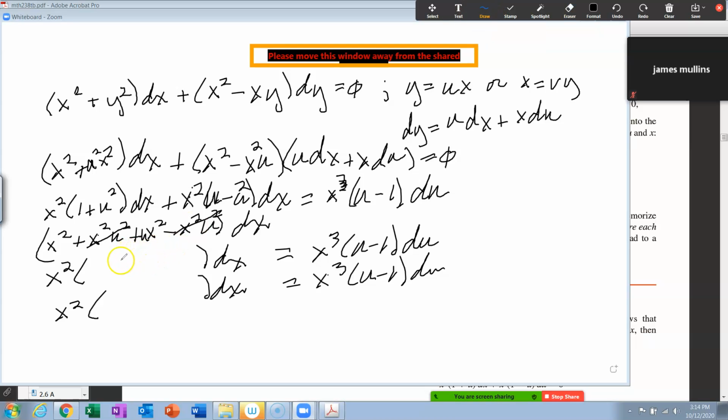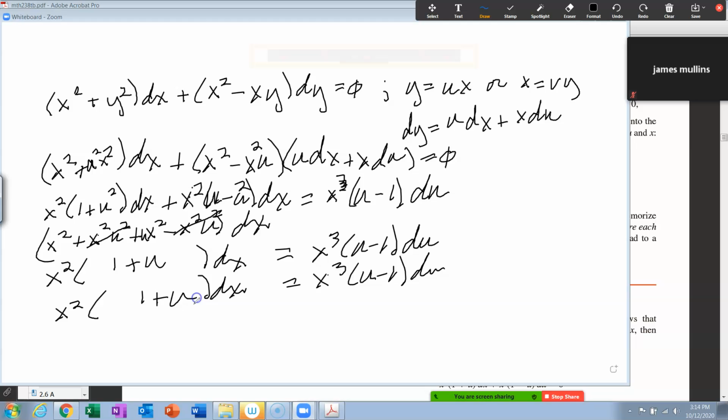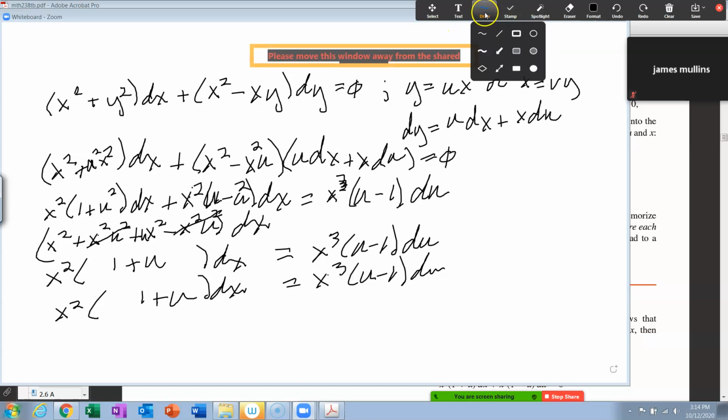Okay, so what we have here is x squared times 1 plus u on this side, and we have x cubed. So this just gets down to this. This is looking more like what they have. In fact, I didn't need that second line because everything worked out really nicely before.